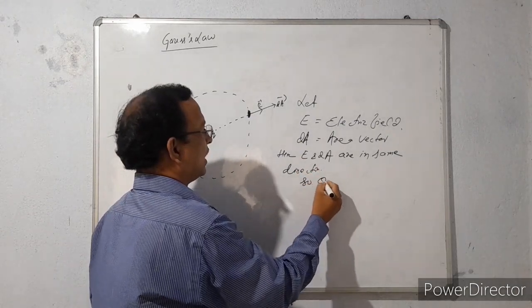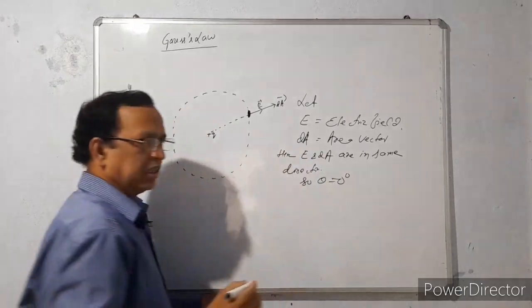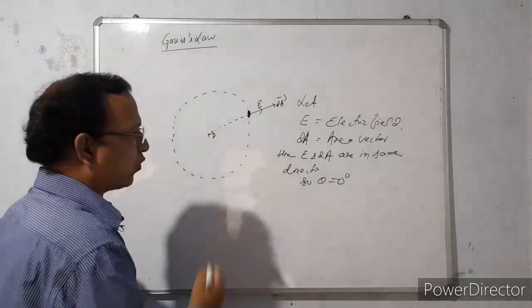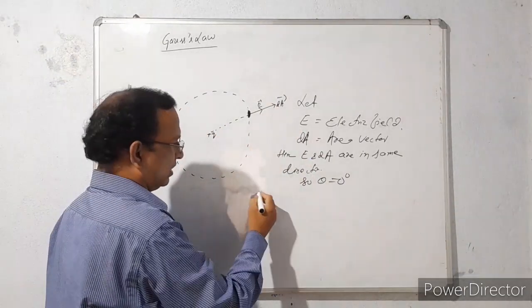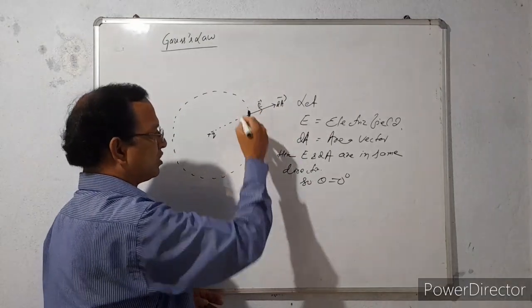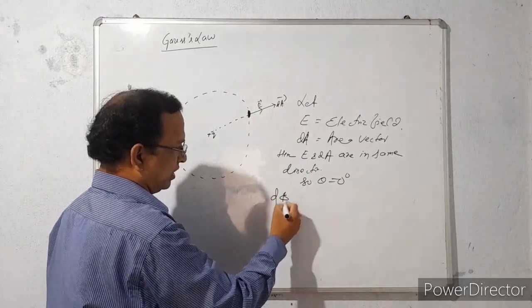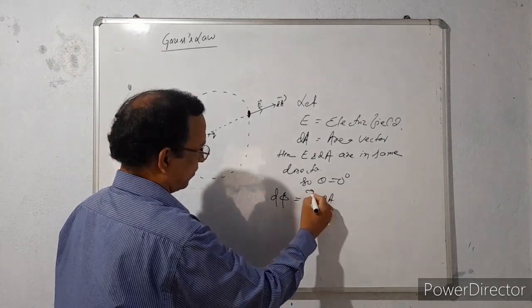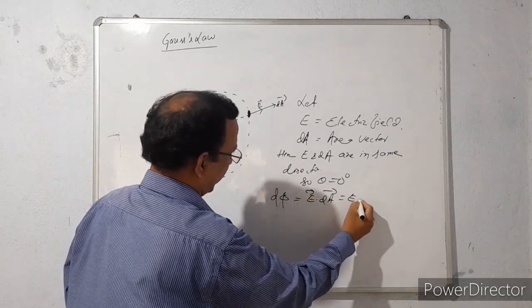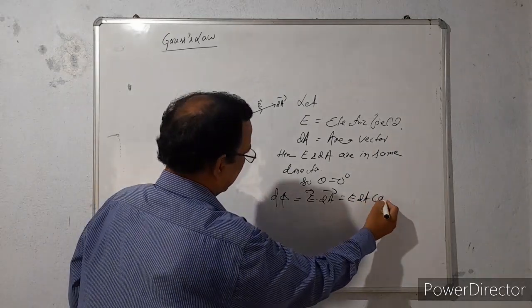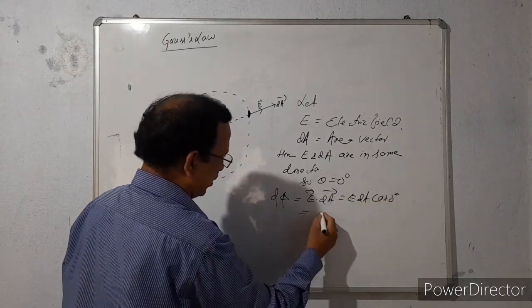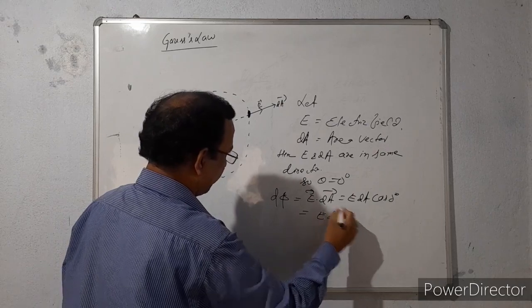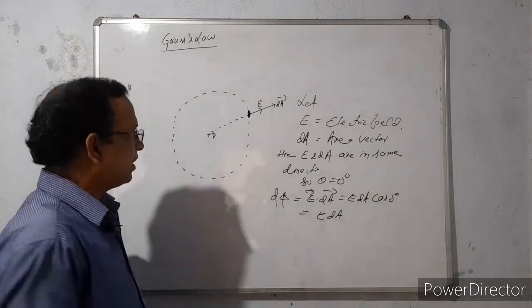So theta is equal to 0 degree. Clear? So what is your flux? For a very small section, d phi is equal to E dot dA, that is E dA cos 0 degree, which equals E dA. That is d phi. Clear?